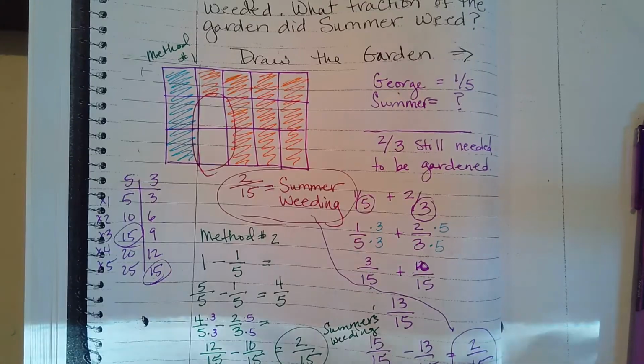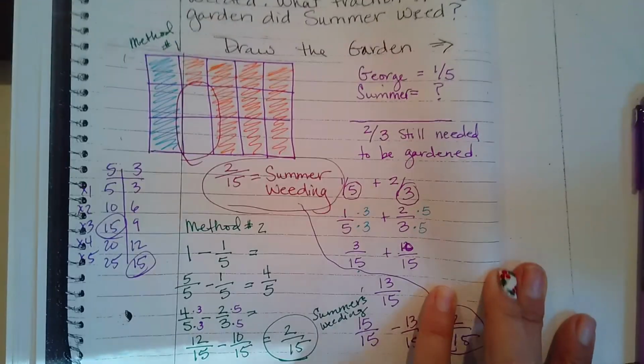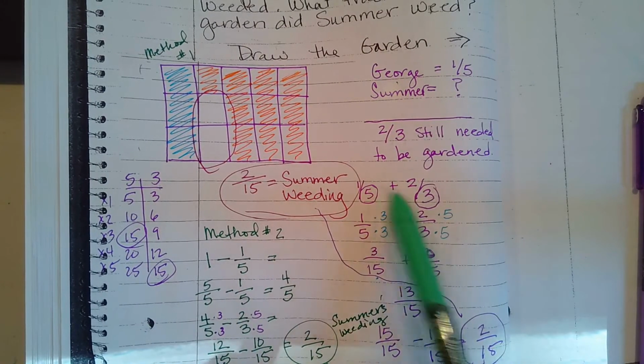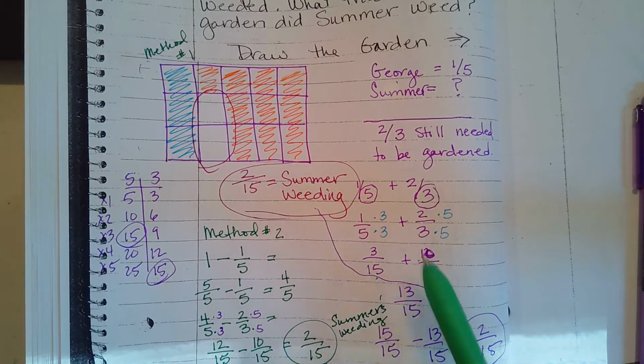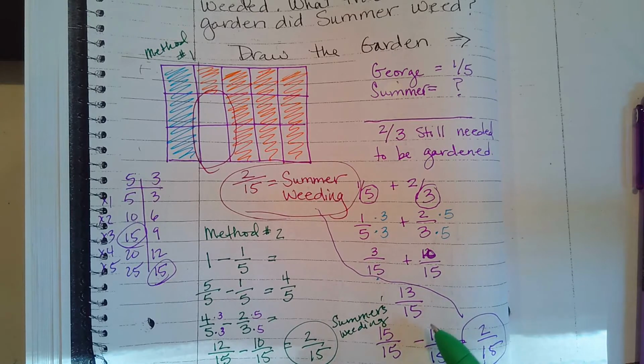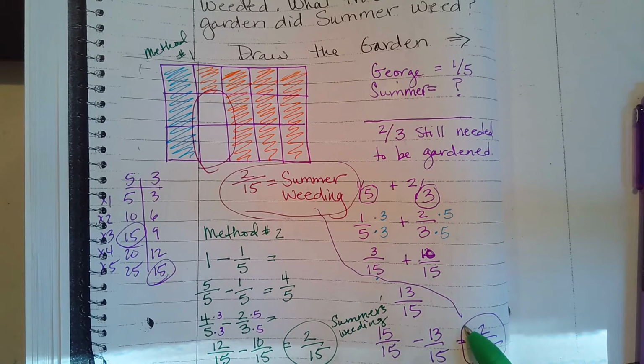Okay, so I just showed you 2 different ways to solve this problem. In method 1, I took the 2 numbers that we did know, put them together, scoreboarded, found the common denominator. I found out how much space was taken up altogether. Then I took 1 whole, subtracted 13/15, and got 2/15.